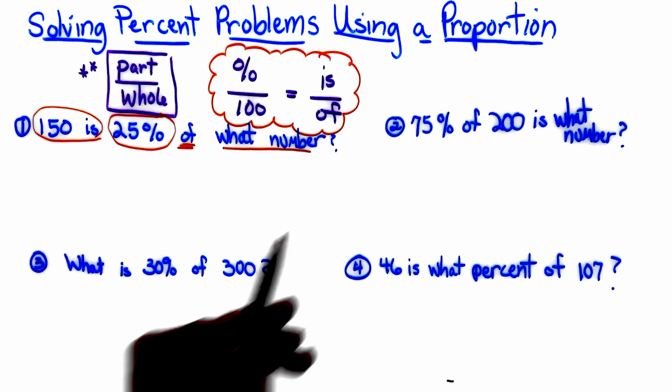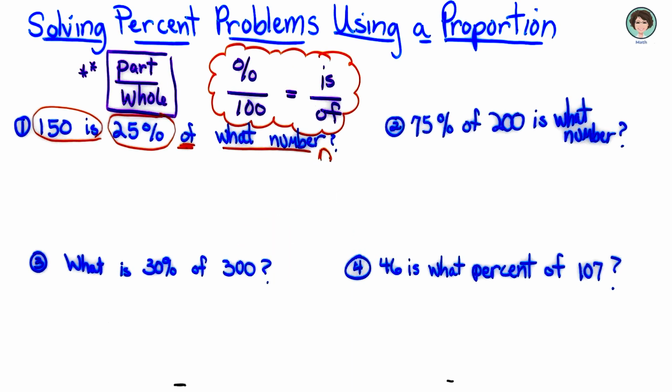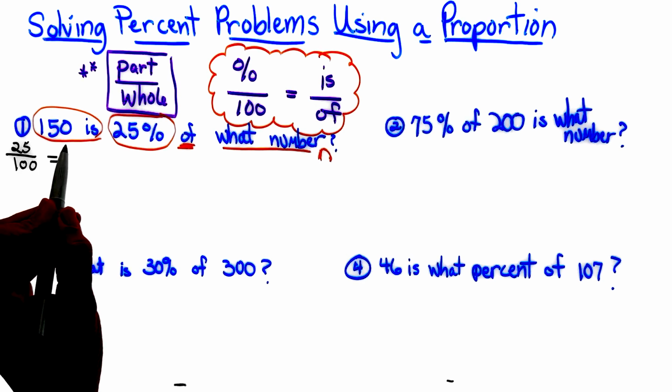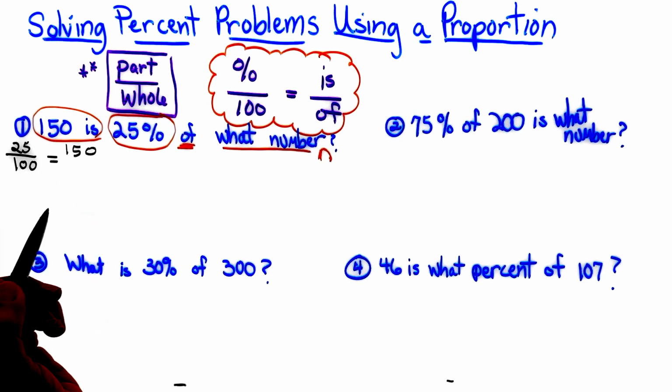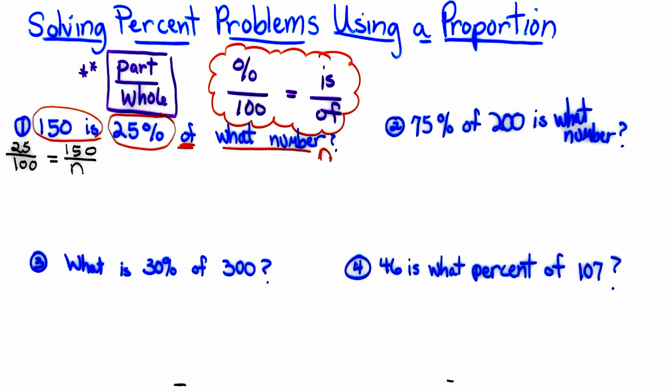Well, we don't know, so I'm just going to make that the variable n for number. All right, well, let's set up our proportion. When setting up the proportion, you have 25 given over 100 is equal to, now what is near "is" is the 150, and of what number, our denominator, we do not know.